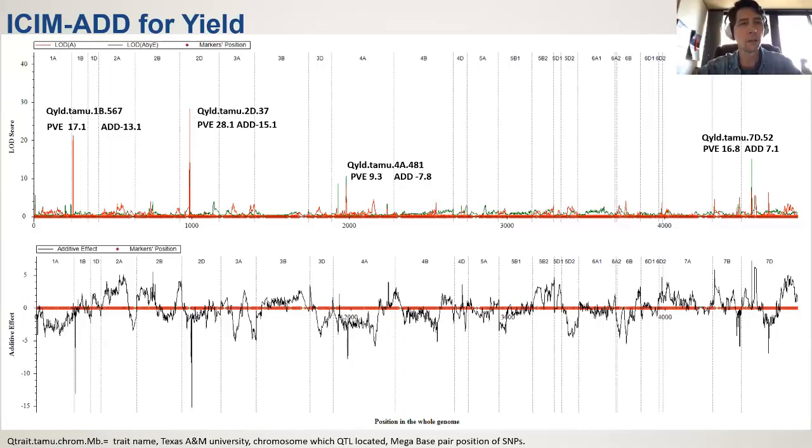Okay. Shuyu, go ahead. Yeah, Scott, just a quick comment on the question from Dirk. The reason we are doing this is that we try to dissect the yield components and some other traits. From the analysis, we can tell some QTL have a more significant additive effect. Those QTL are our focus because breeders can fix the additive effect.